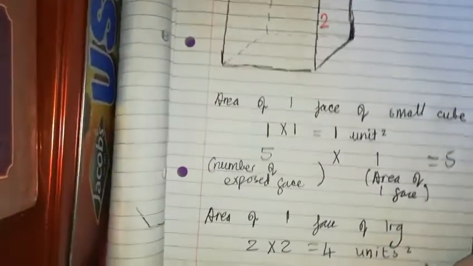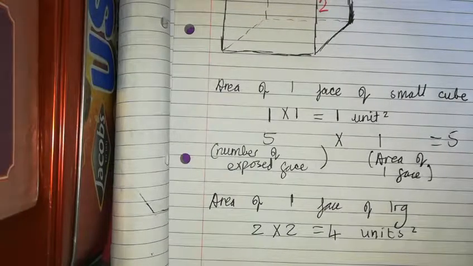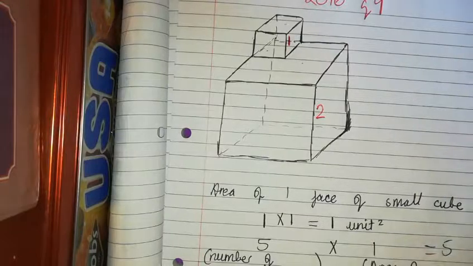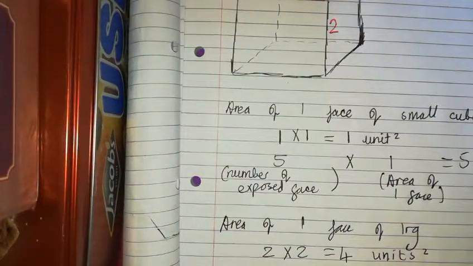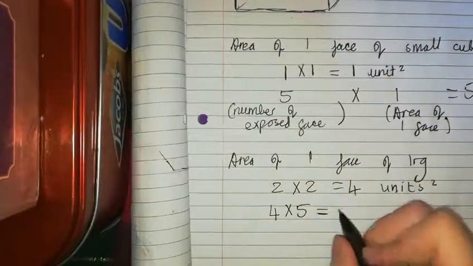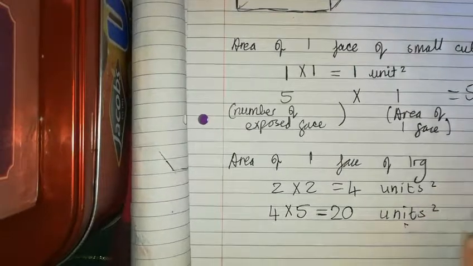The number of full faces exposed is 1, 2, 3, 4 all around the side and then 1 on the bottom, so 5. So 4 by 5 gives me 20 units squared.